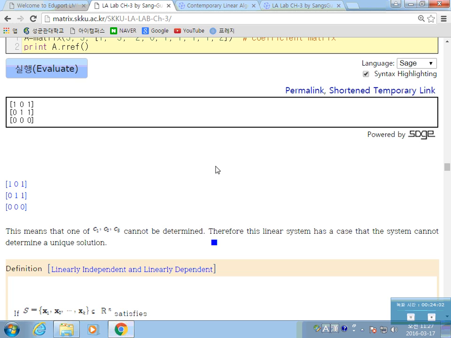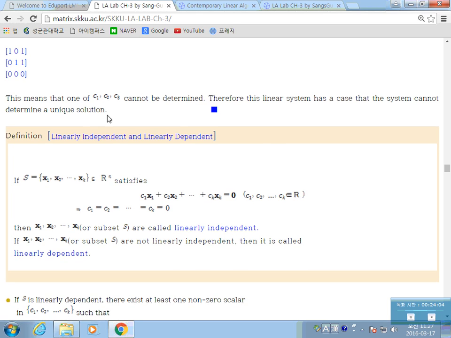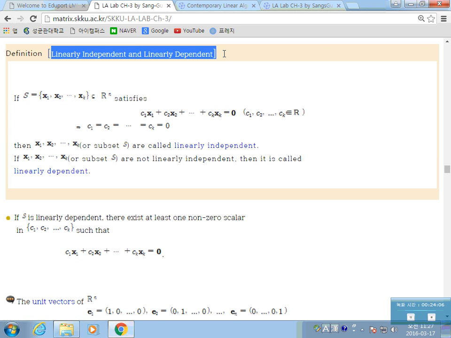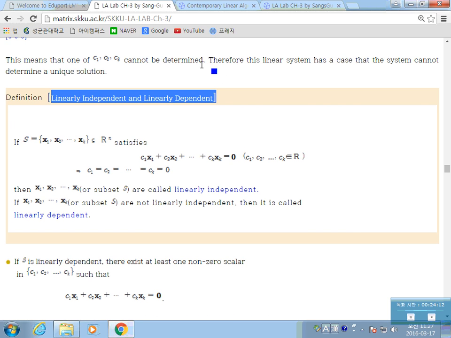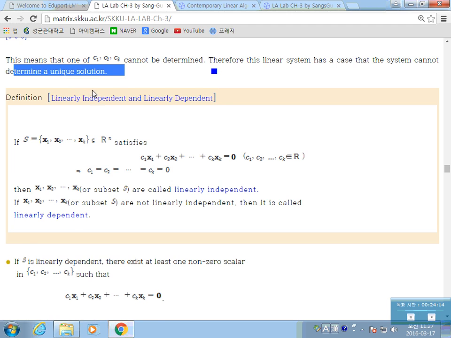I will explain it after this definition: linear independence and linear dependence. With this definition, the concept of spans will be much clearer.